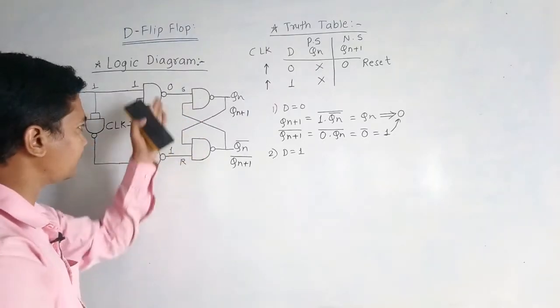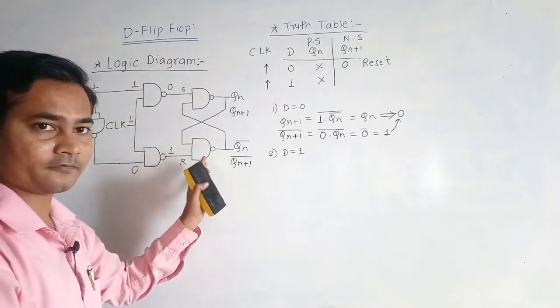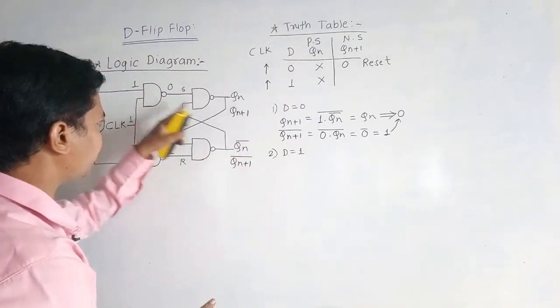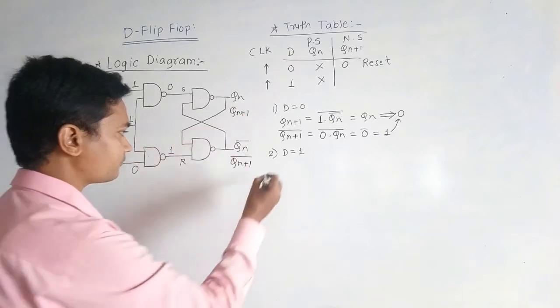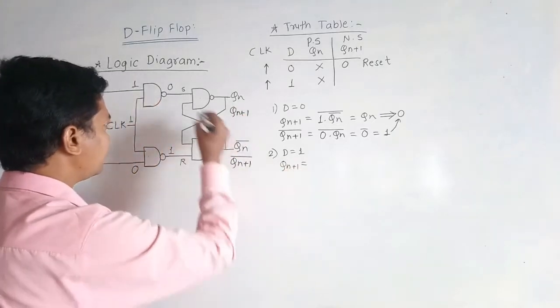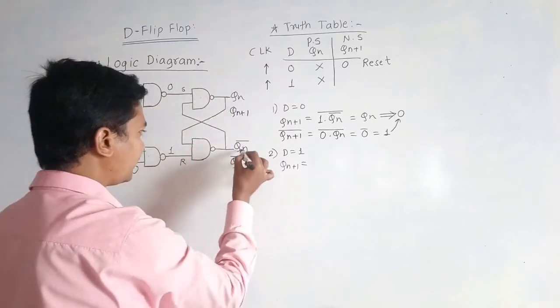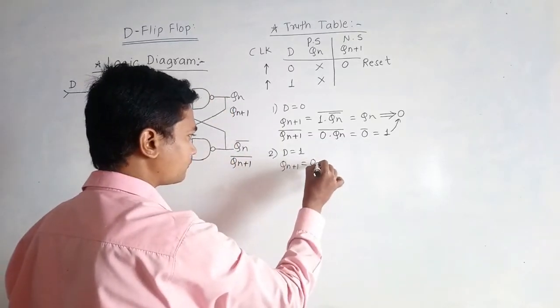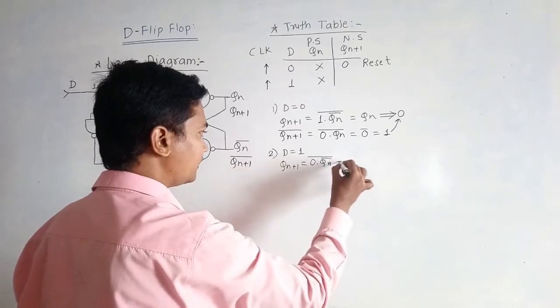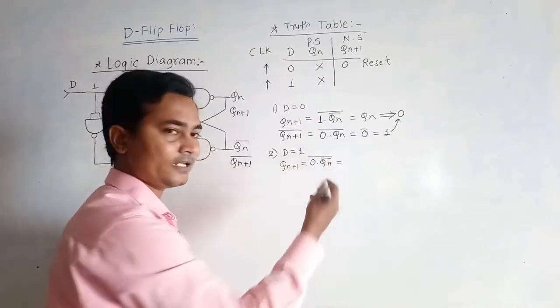So consider this 0 and 1 and then find out what will be the Qn plus 1 and Qn plus 1 bar. So for obtaining Qn plus 1, 0 and with Qn bar, whole bar is equal to what? 0 dot anything is 0.